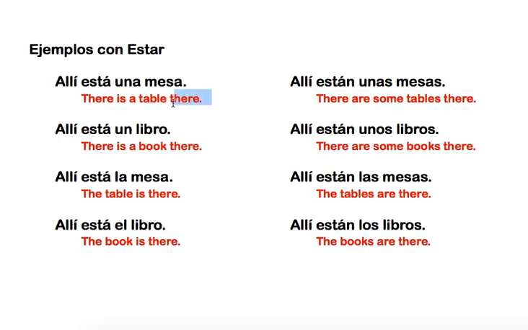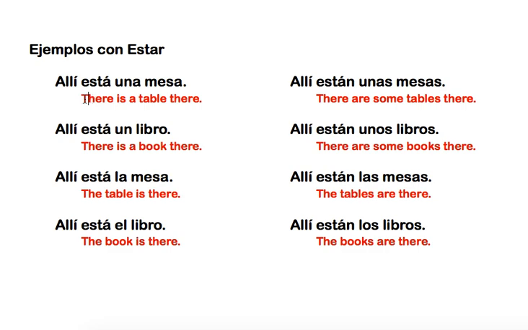Now, it's confusing because when you use an indefinite article with a noun, to say that something is there, you say there is. There is a table, there is a book, there is a school, right? That's how we say it in English. There is. And that's why it sounds a little confusing, because you have basically the same word twice being used slightly differently.